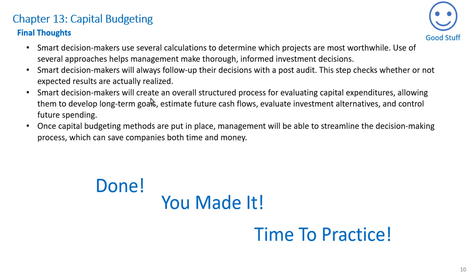By creating an overall structured process for evaluating capital expenditures, companies can develop long-term goals, estimate future cash flows, and control future spending. Once capital budgeting methods are put in place, management will be able to streamline the decision-making process, which can save companies both time and money.